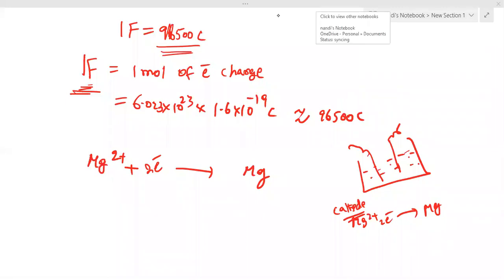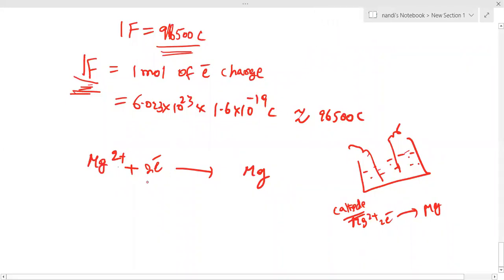Everything you can imagine in an electrolytic solution. Understood? So here 2 positive charges are there, and 2 electrons are required here. Simple thing. Then I get 0 charge here. So 1 mole of electrons is nothing but 1 Faraday. Here how many moles of electrons are you taking? 2 moles of electrons. 2 moles is nothing but 2 Faradays, because 1 mole equals 1 Faraday, so 2 moles of electrons equal 2 Faradays. So 2 Faradays of electricity are required to deposit 24 grams of magnesium.